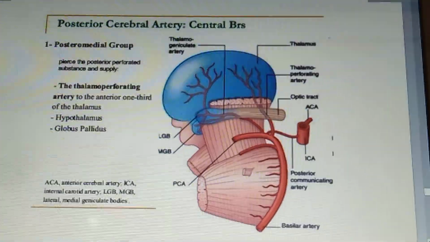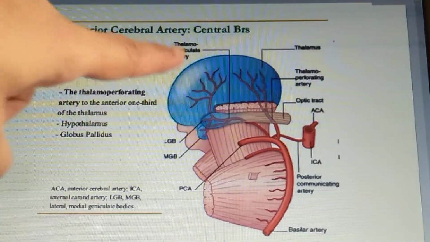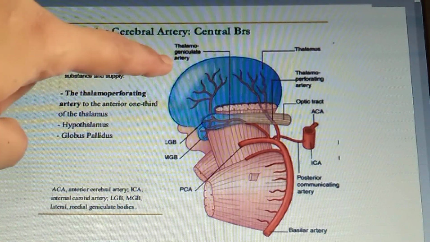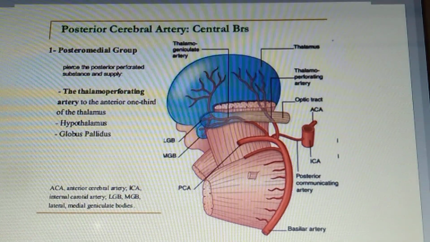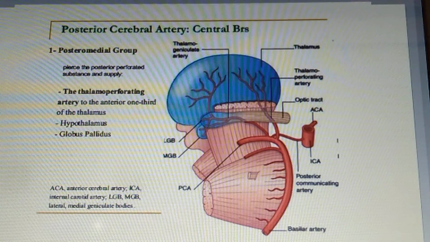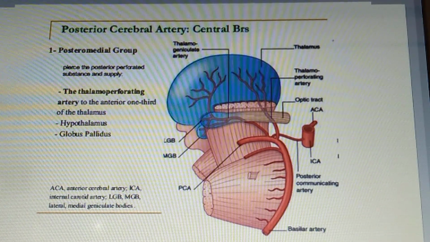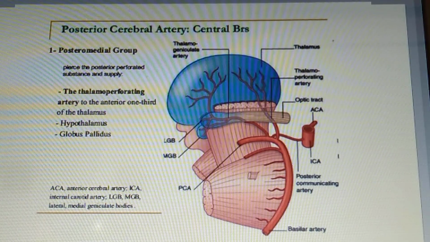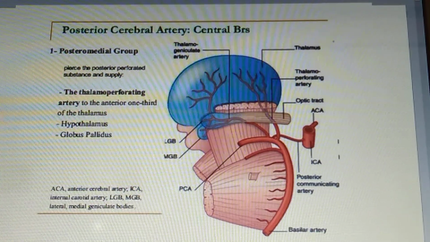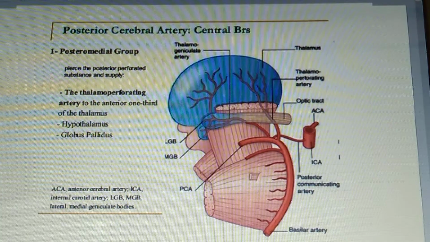In this diagram you will be able to find it, it is shown here, the thalamo-geniculate artery. As the name suggests, it supplies the thalamus and the geniculate bodies, medial and lateral geniculate bodies, and the thalamus is supplied by this posterolateral group.